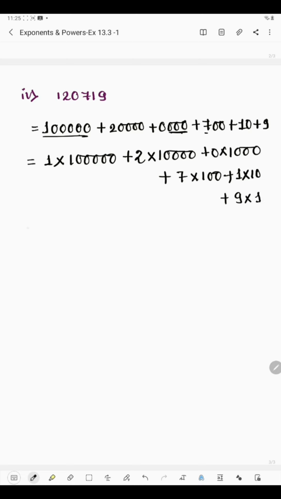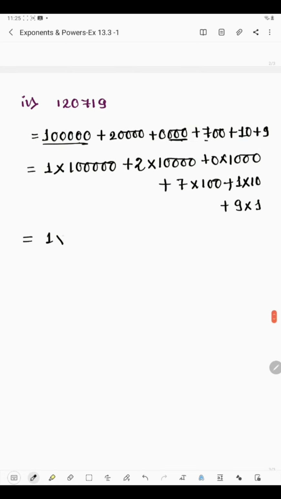Okay, now we will write in power form. Now we have 1 at first, and here we have 5 zeros, so power of 10 will be 5, because if you multiply 5 times 10 we will get 1 lakh. Okay, now after this 2 multiplied by, here 4 zeros, so 10 to the power 4.